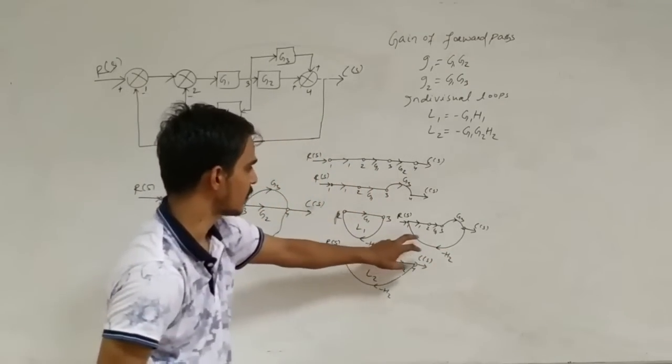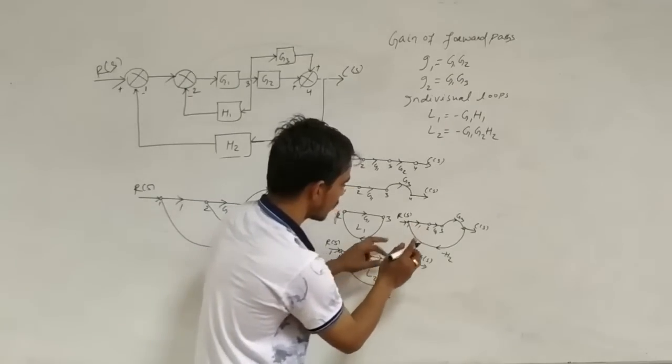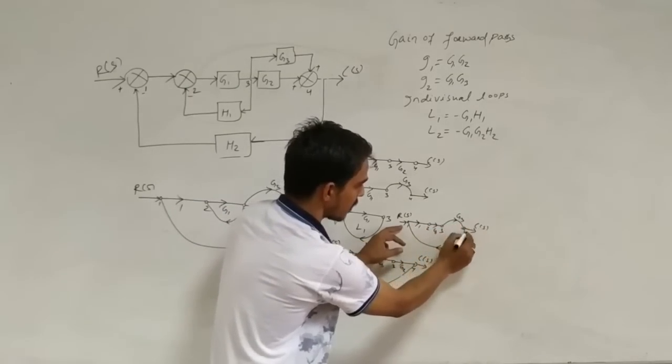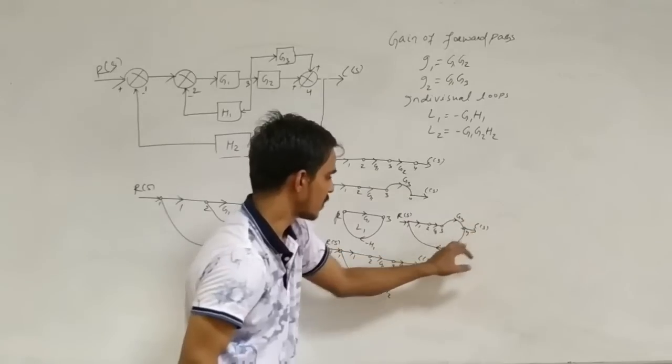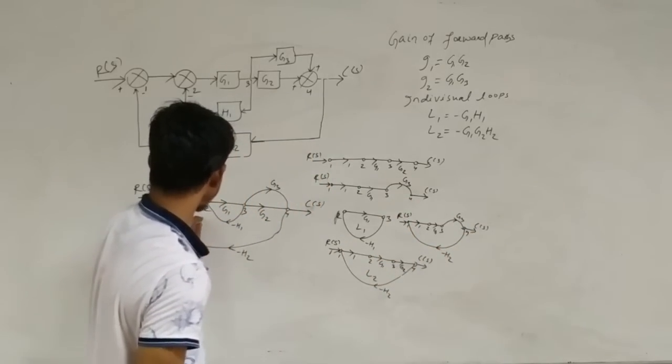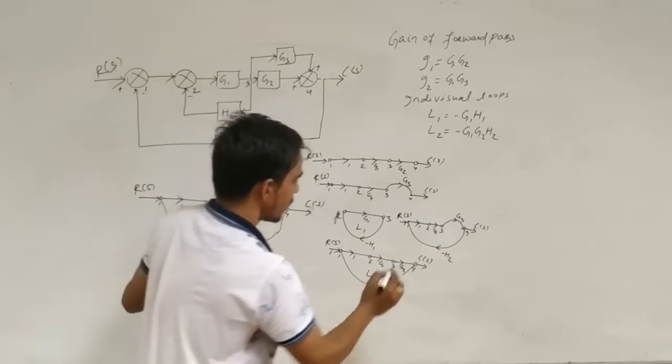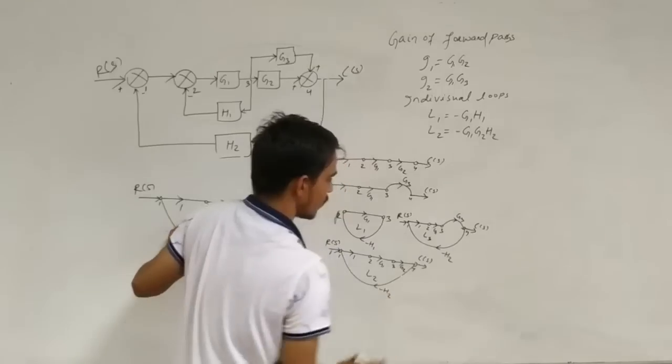This can be a loop. 1, 2, 3, then this is node 4. This can be a loop. Okay, so suppose say this is L3, loop 3.